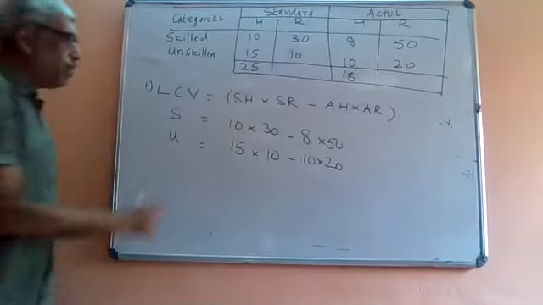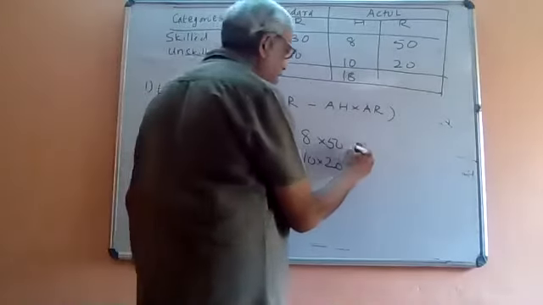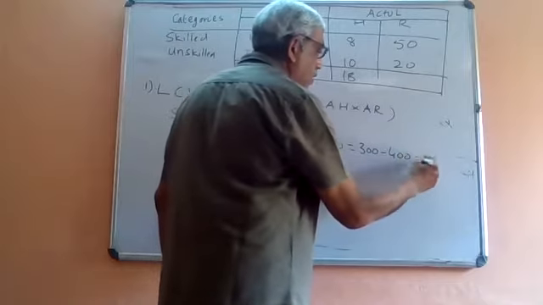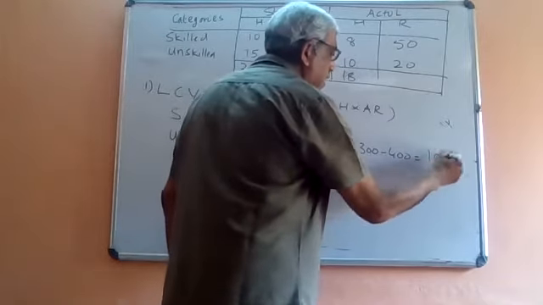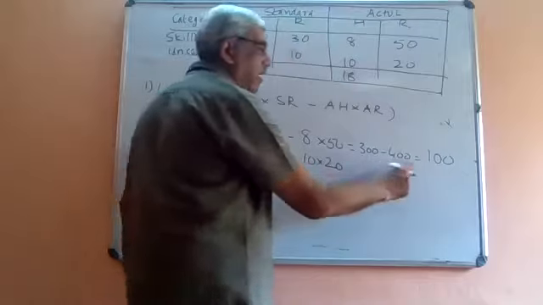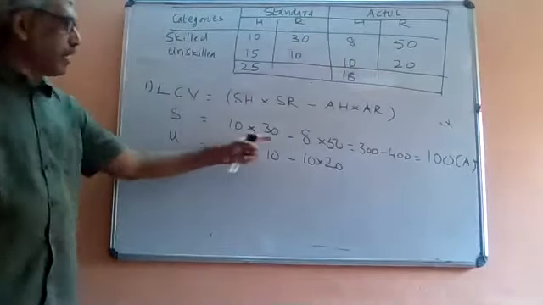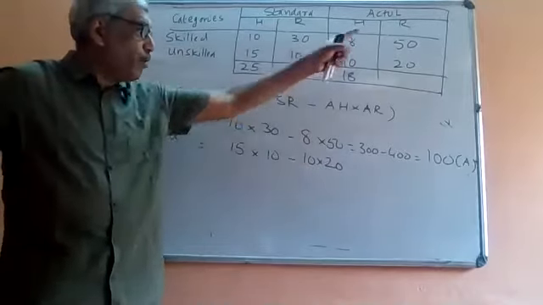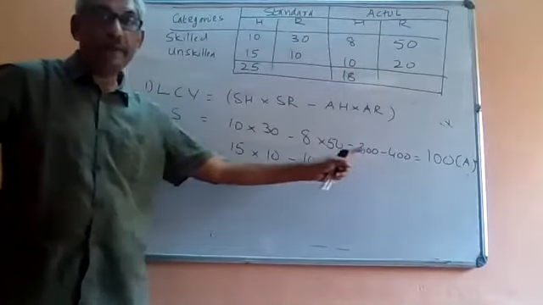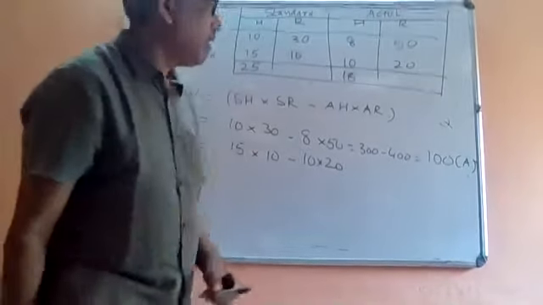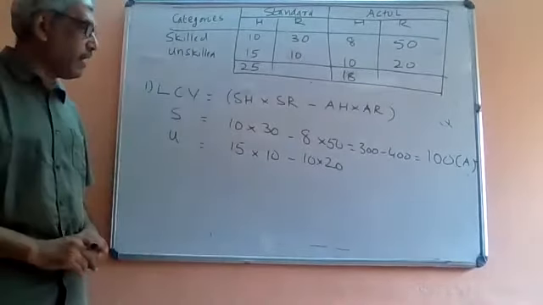So it is 300 minus 400, so it is minus 100, so it is 100 adverse. 10 into 30 is 300 minus 8 into 50 is 400. 300 minus 400 is 100 adverse.